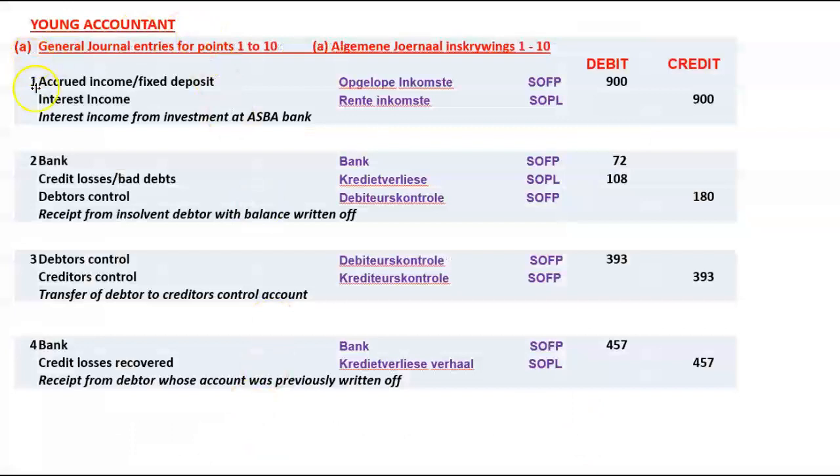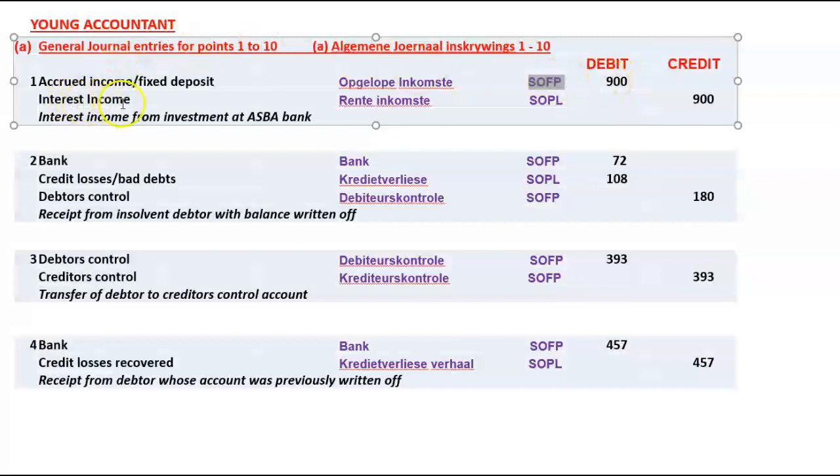So our first journal entry, we're going to debit interest receivable or accrued income, whatever you would like to call it, with the amount of 900 Rand, and that interest receivable is a statement of financial position account. So this is part of other debtors in my trade and other receivables note, so this is an other receivable.